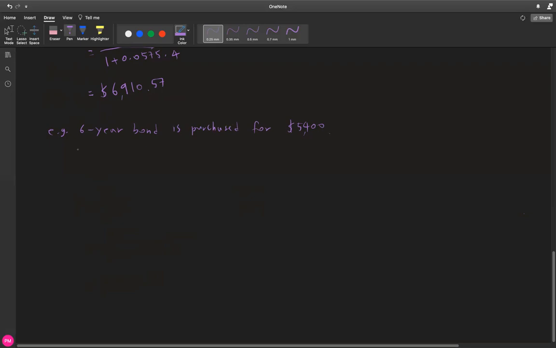And the face value when it matures is, in this case, $6,615. And you need to find the APR.